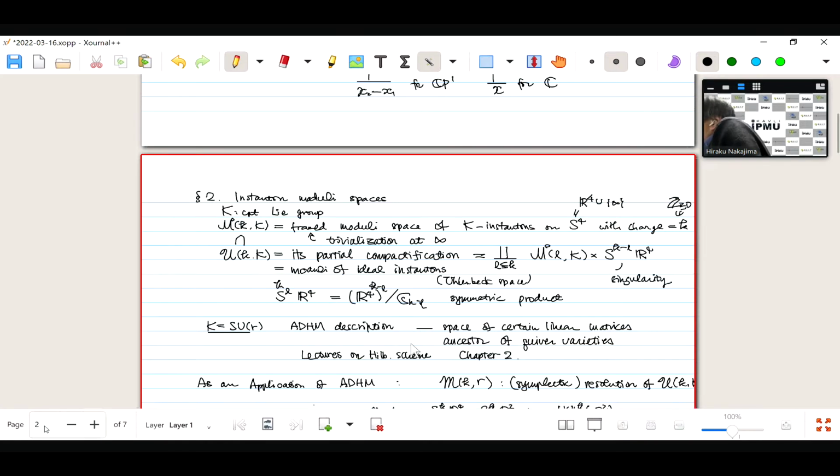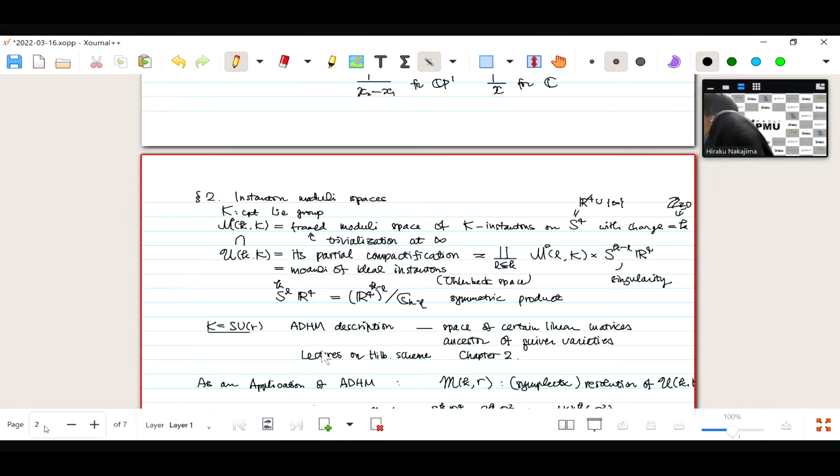And if you know something about quiver varieties, which I introduced many years ago, this ADHM description is the ancestor of quiver varieties. So if you want to know the details, please look at my book, Lectures on Hilbert Schemes of Points, and chapter 2 contains the discussion of this ADHM.